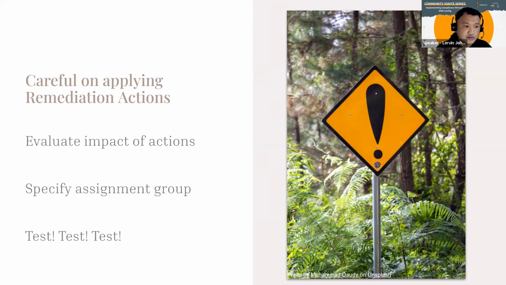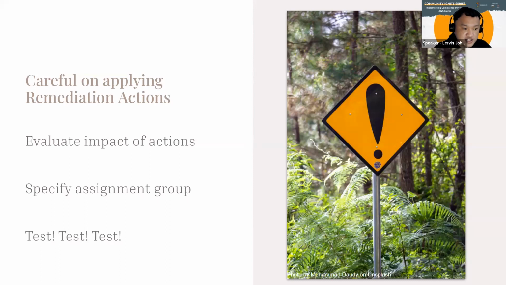So it's also a good practice to specify assignment groups for AWS resources. An example of this is to have a specific group for resources for, let's say, the production environment, and a separate group for the development environment.